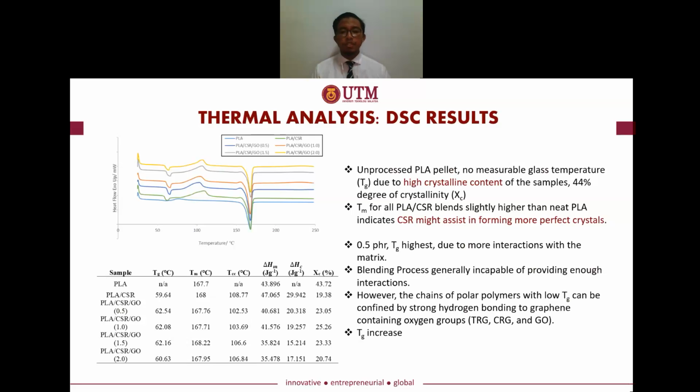The melting temperature is slightly higher than neat PLA, which indicates that caustic rubber might assist in forming more perfect crystals. 0.5 PHR is the highest for glass transition temperature, and it is due to more interaction with the matrix. And generally, blending processes, which are solvent blending and melt blending, are generally incapable of providing enough interaction.